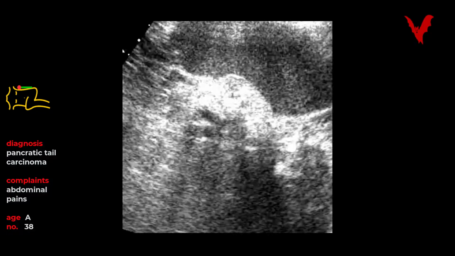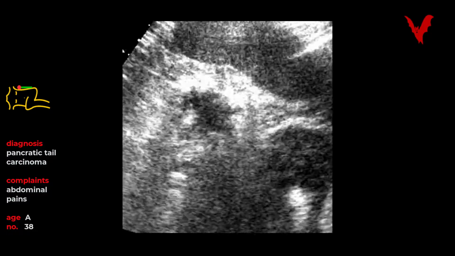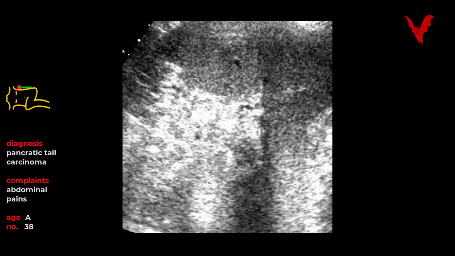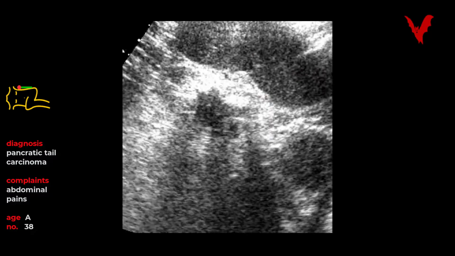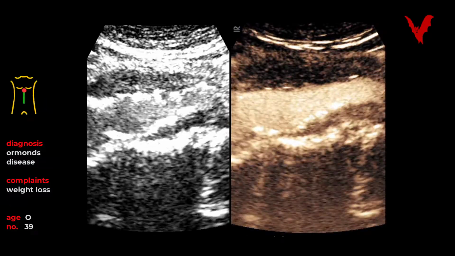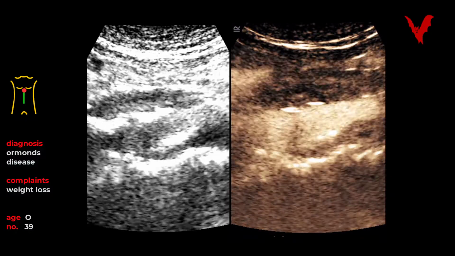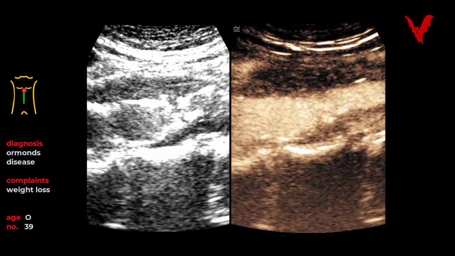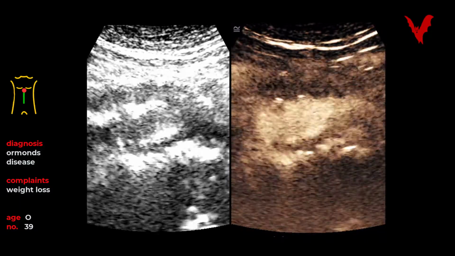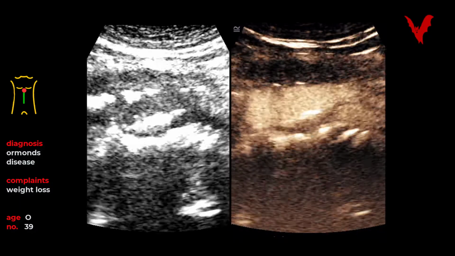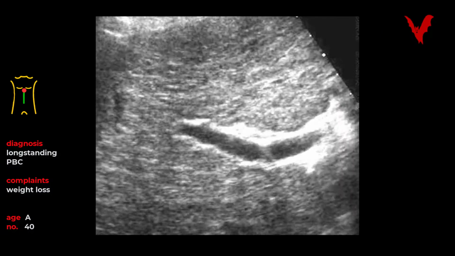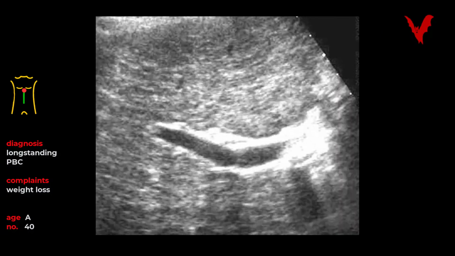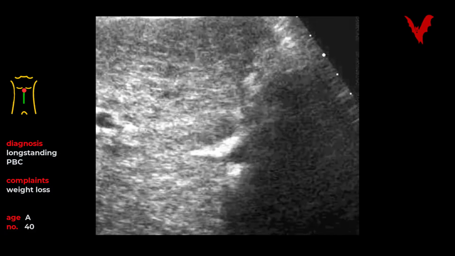This little carcinoma in figure 38 was found at the second glance only. In the perfusion study in case number 39, Ormond's disease is hypoperfused. A long-standing PBC is shown here in figure 40.